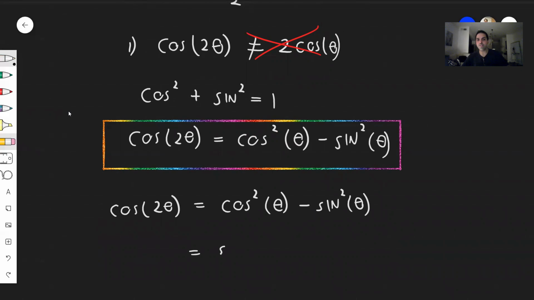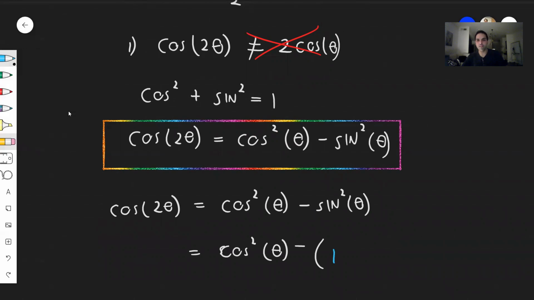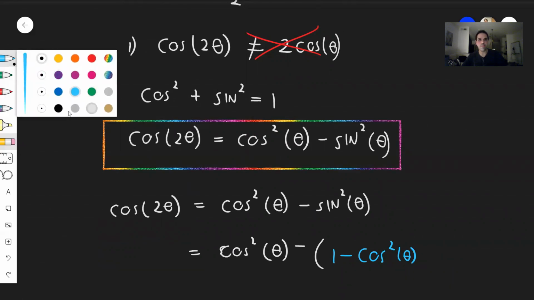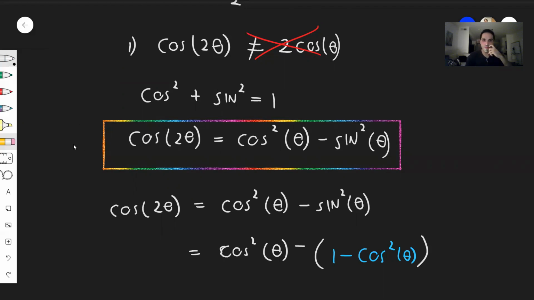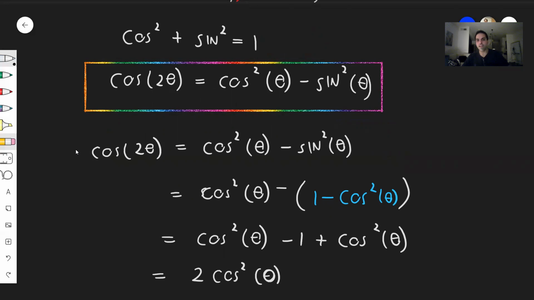But now sine squared is nothing else than 1 minus cosine squared, again by this formula, which simplifies to cosine squared of theta minus 1 plus cosine squared of theta, which then becomes 2 cosine squared of theta minus 1. And this I wouldn't even memorize. I would just memorize the first formula and then just prove this.